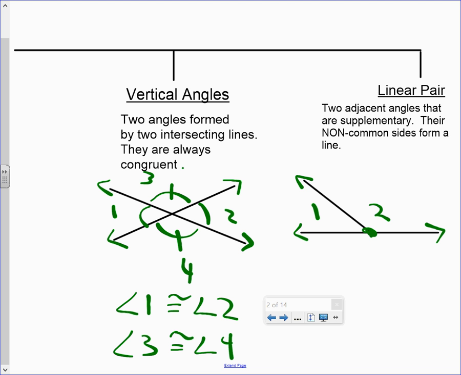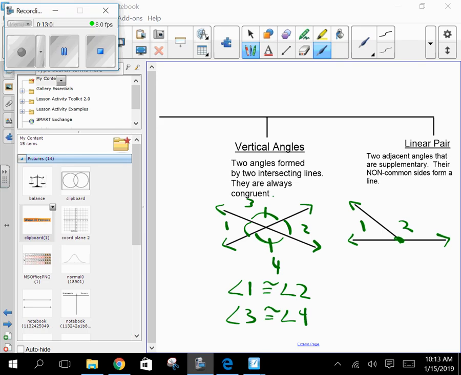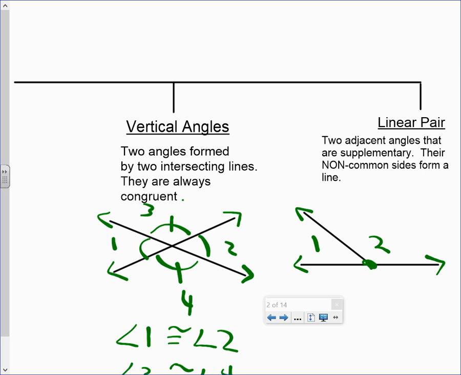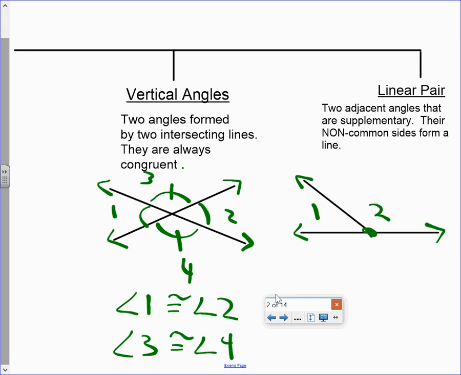Go ahead and draw the picture there. All right, so two adjacent angles. Notice angle 1 and 2 are adjacent because they're right next to each other. That was the definition of adjacent. They're supplementary. What does supplementary mean, Varela? Exactly. That means 1 and 2 add up to 180, which is pretty obvious.